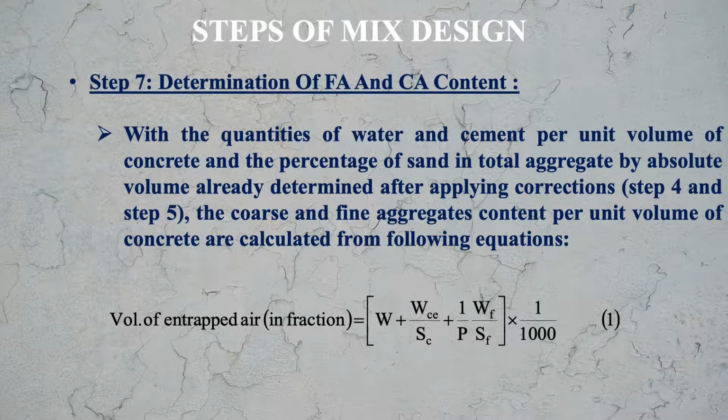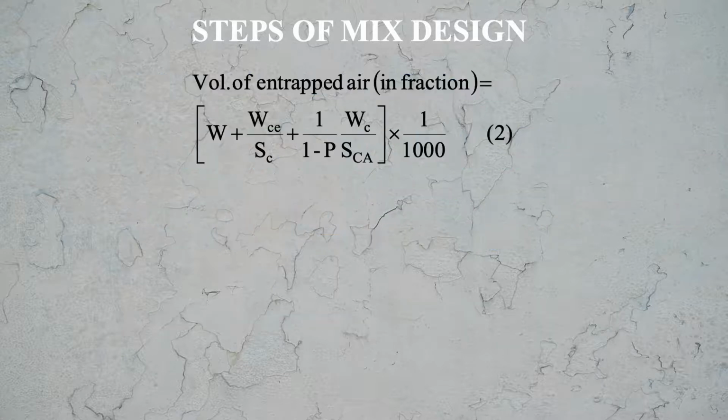This equation gives the volume of entrapped air in fraction equal to W plus WC/SC plus 1/P into WF/SF into 1/1000. And volume of entrapped air in fraction is given as W plus WCE/SC plus 1/(1 minus P) into WC/SCA into 1/1000.